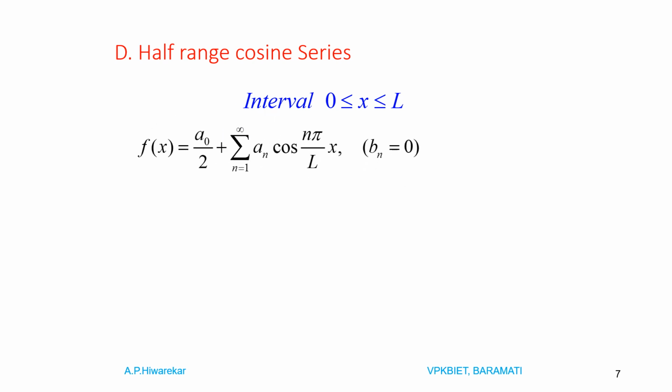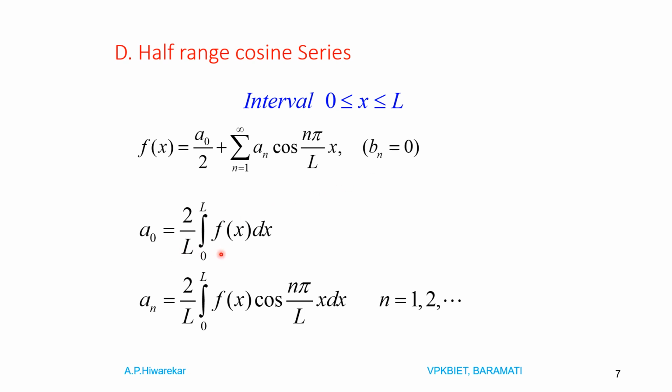The standard interval is 0 < x <= l. The formula for f(x) is a0/2 + sigma a_n cos(n pi x / l), where n is from 1 to infinity. The Fourier coefficient b_n, when we are finding the half range Fourier cosine series, will be 0. The formula for a0 is 2/l integration of f(x) dx from 0 to l. And a_n is 2/l integration of f(x) cos(n pi x / l) dx. Limits for integration are 0 to l.